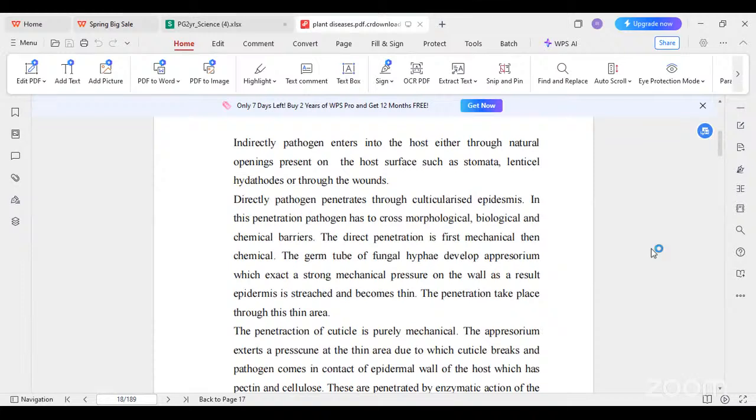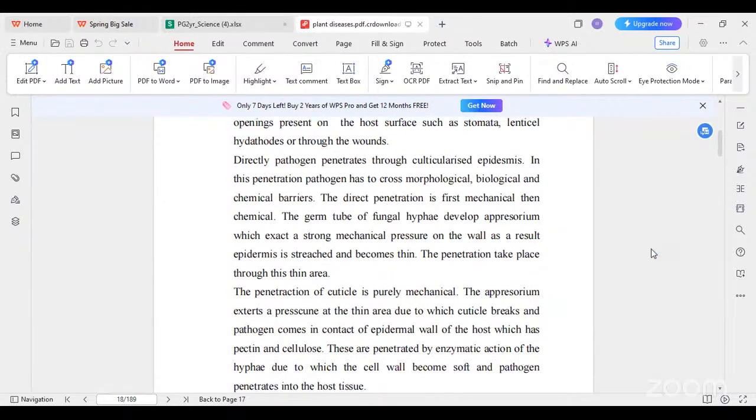Directly, the pathogen penetrates through the cuticularized epidermis. In this penetration, the pathogen has to cross morphological, biological, and chemical barriers. The direct penetration is first mechanical, then chemical.